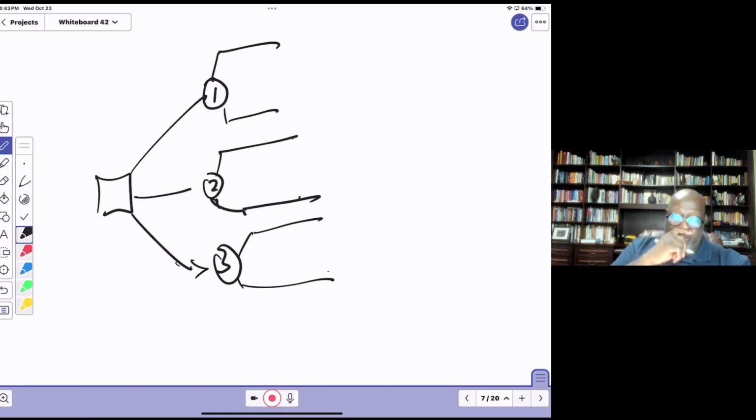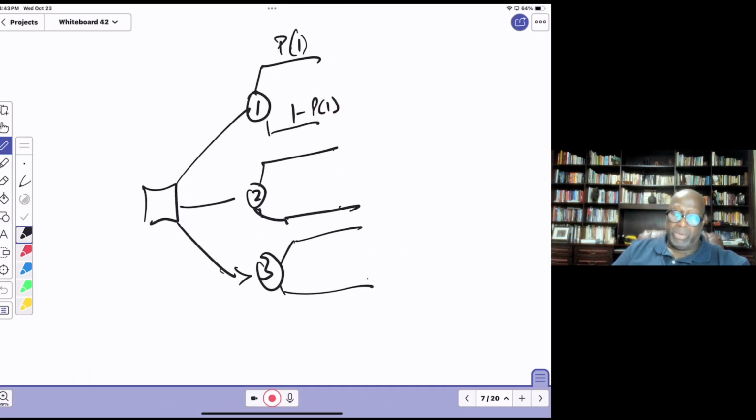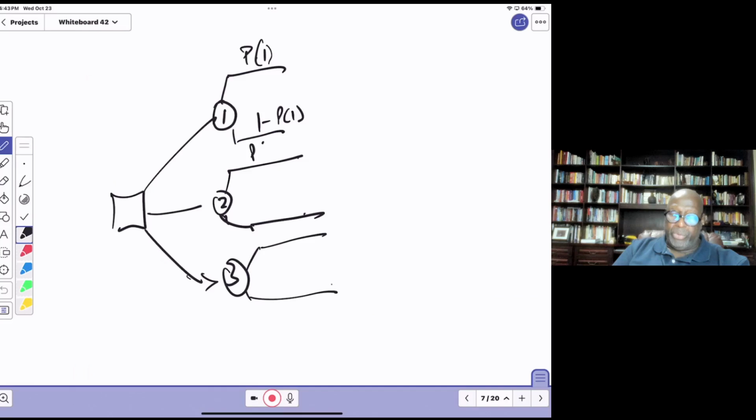So essentially, what you want is the probability of that one supplier going down. So here would be 1 minus the probability of that supplier going down, right? P2, 1 minus P2. Because remember, the other branch is just the complement. P3, 1 minus P3, and so on.